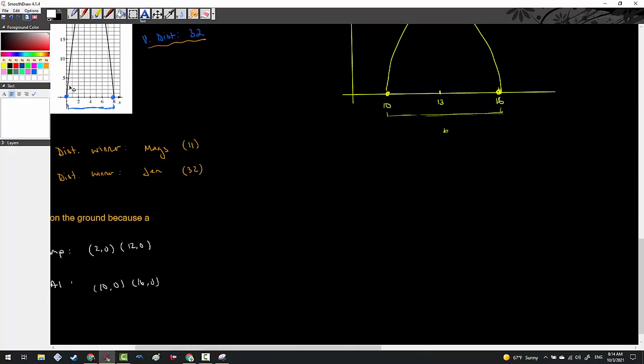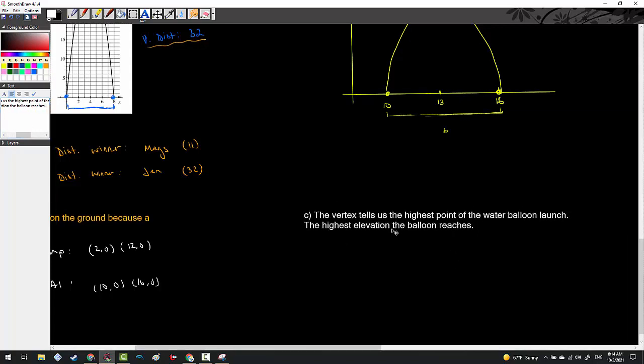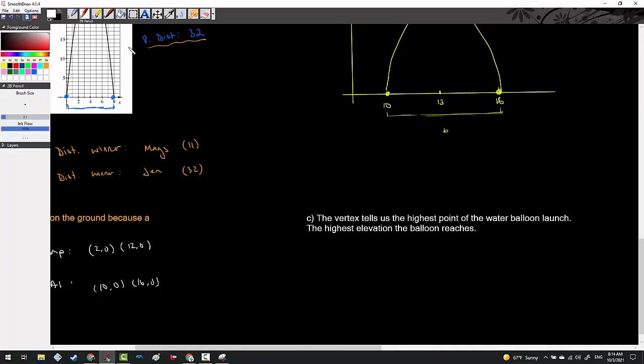So in part C, the vertex tells us the highest point of the water balloon launch. In other words, the highest elevation the balloon reaches. So let's go ahead and take a look at each of their vertices.